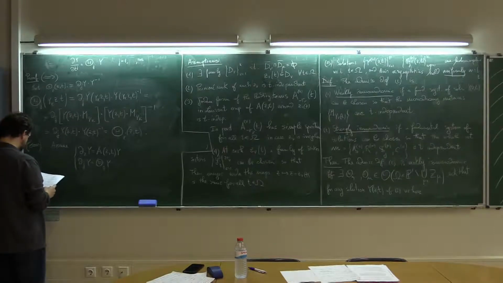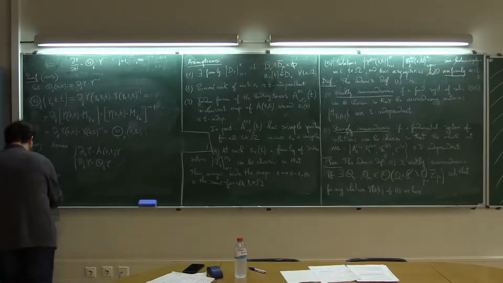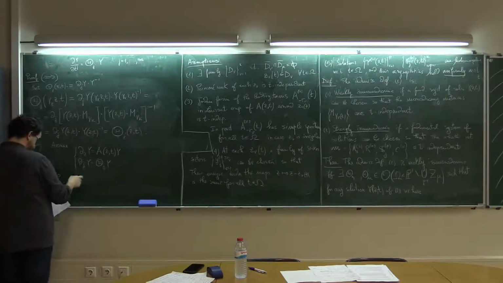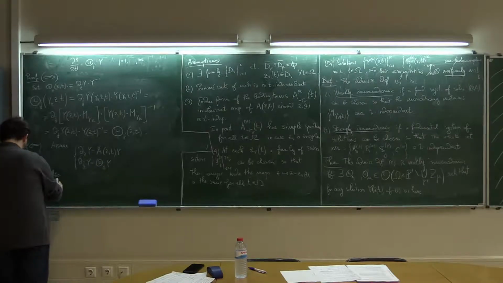Then notice that also the following identity holds true. If this identity holds true, I can analytically continue both sides in z, and I obtain the following identity.